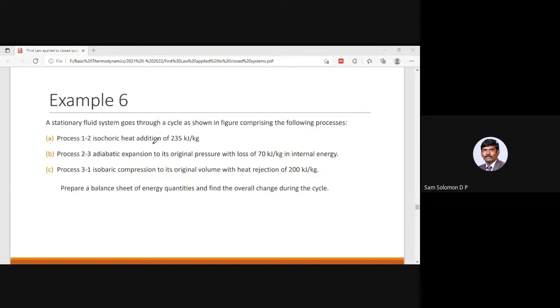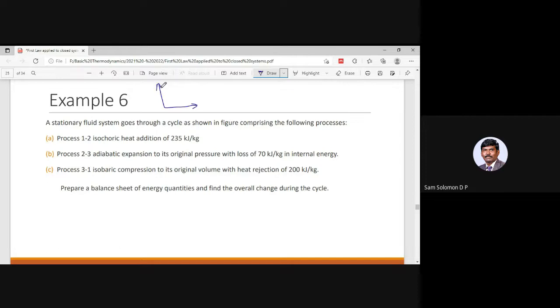You need not draw it as a cycle. Draw process 1, 2, something like this. So PV, then there would be some curve over here, and wherever you have 1, 2, mark that, and then draw another PV diagram and show me for 2, 3, and then draw another PV diagram.